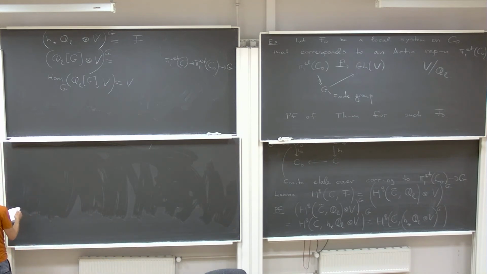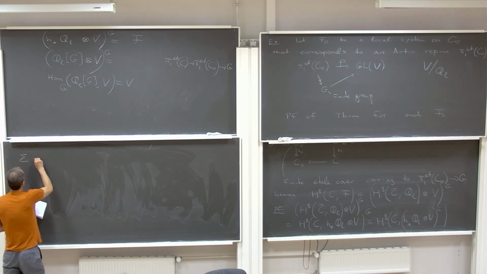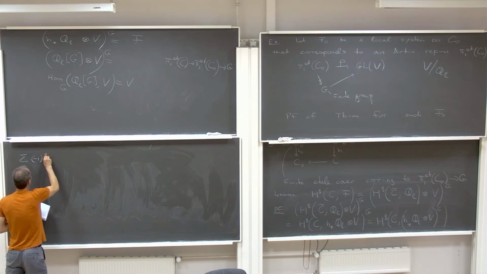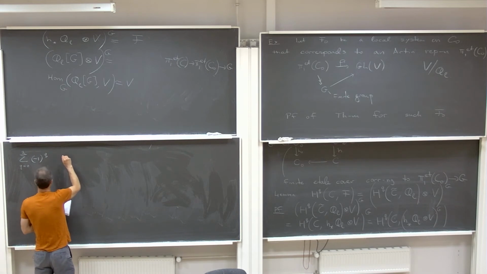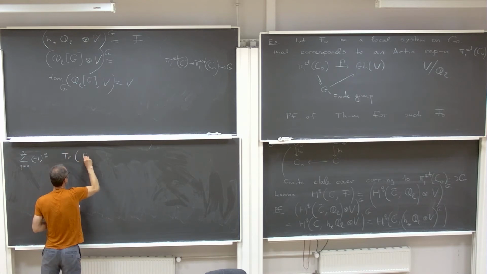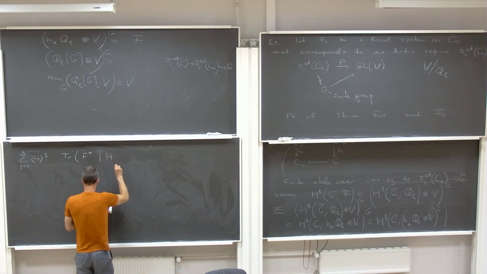Okay, so let's take the sum that we want to compute. This is the sum over Q, Q equals 0, 2, of Frobenius traces of the Frobenius acting on homology of our local system.